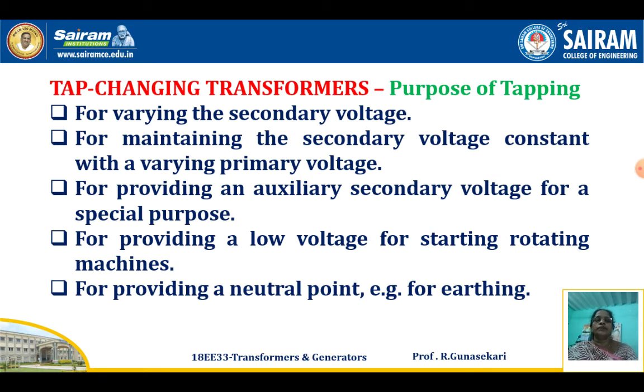Then purpose of tapping. For varying the secondary voltage, we need tapping. For maintaining the secondary voltage constant with a varying primary voltage, the tappings are used. The tappings are used for providing an auxiliary secondary voltage for special purposes.